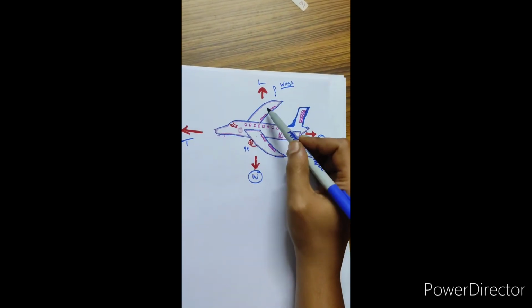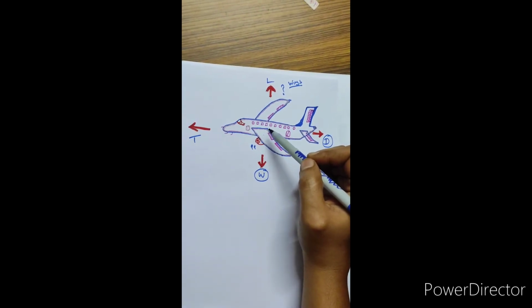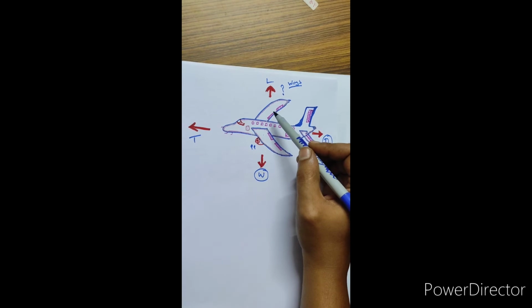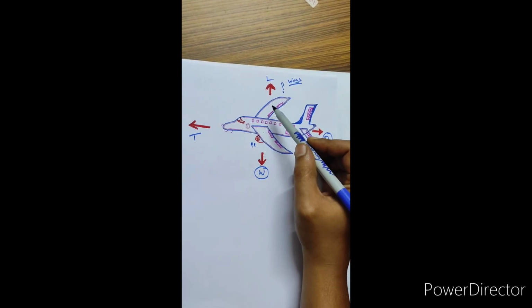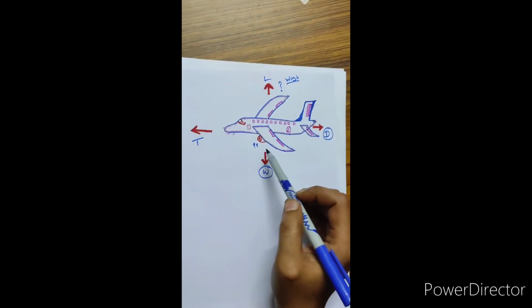Both the wings will generate an enormous amount of lift, and that is responsible for the take off, and the endurance of the aircraft is mainly due to the lift generation. So these are the basic forces which are acting on an aircraft or any flying vehicle.